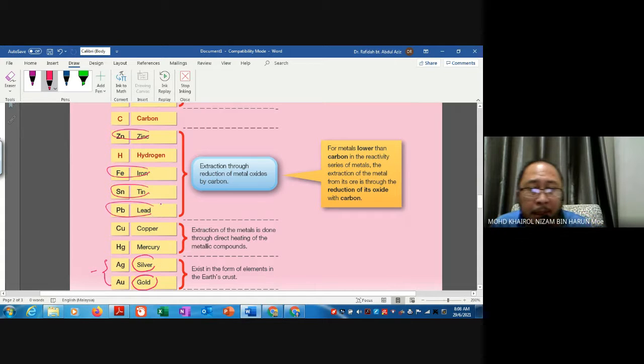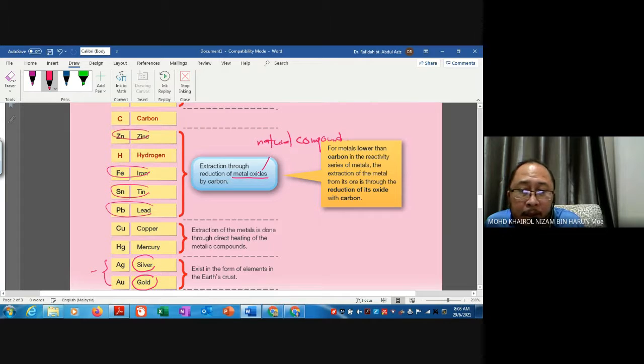Okay, the method that we are using is to react the metal oxide, the natural compound, this is the natural compound in the ore.